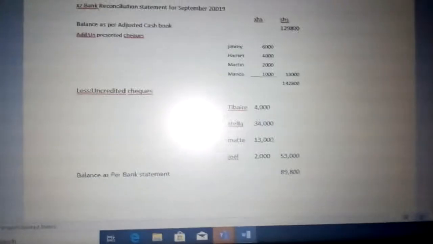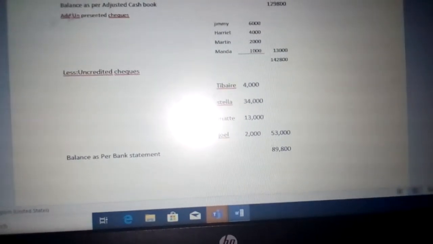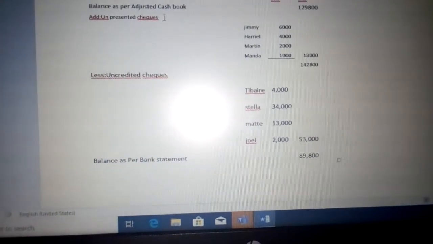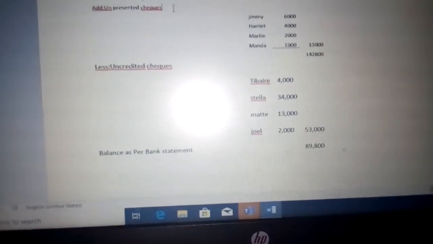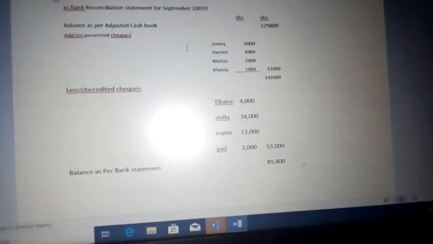Okay, we add unpresented checks. These are checks that are drawn but have not yet been presented to the bank for encashment by the time the reconciliation is done, or by the time the statement is issued.